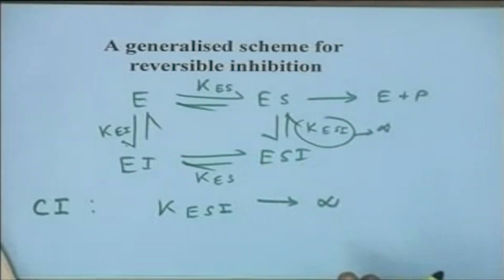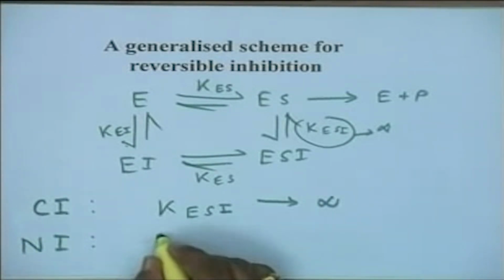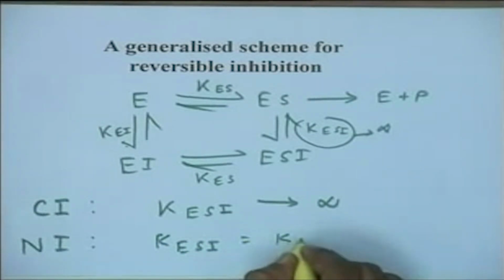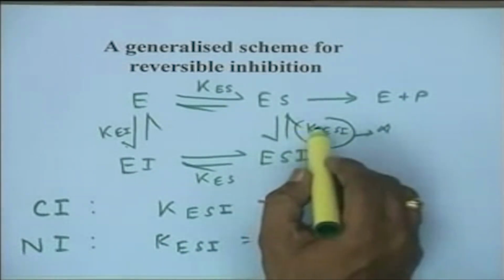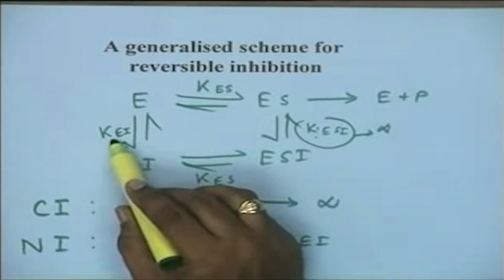In the case of a non-competitive inhibitor, your KESI will be equal to KEI. That means these two dissociation constants are identical.